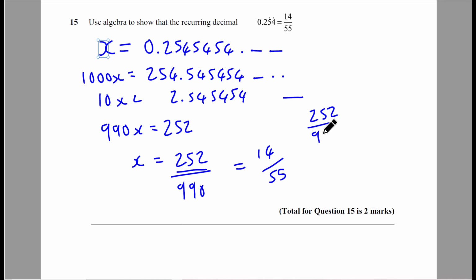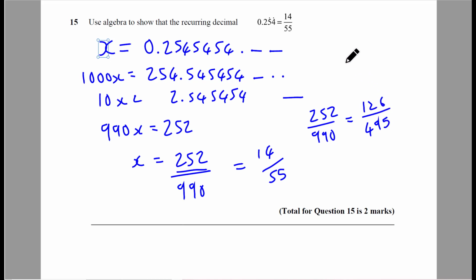if you're starting from here, just so you know how to do this, you could just half it first, so you get 126 over 495.